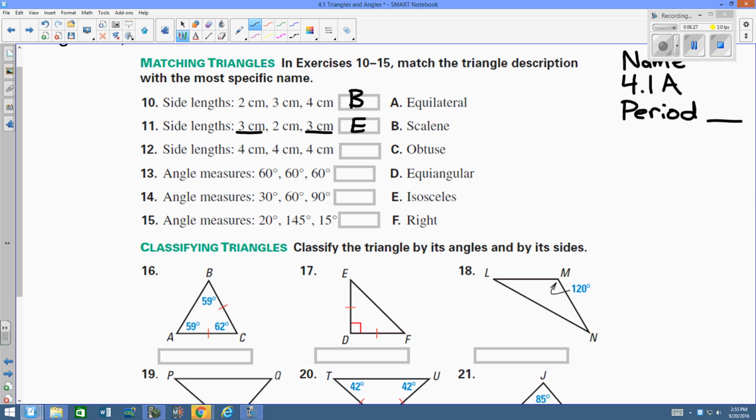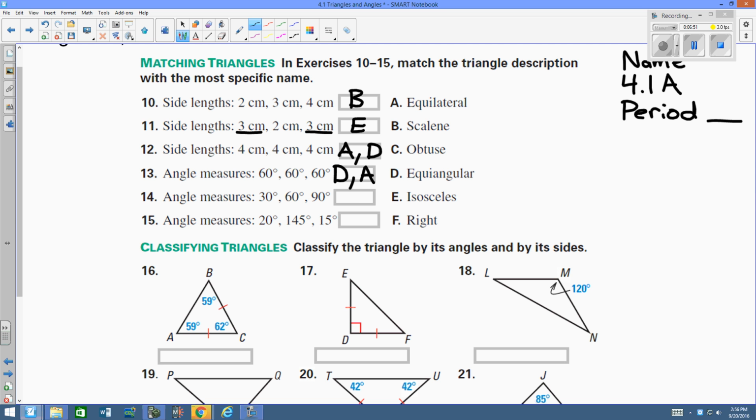A triangle with 3 sides the same would be equilateral, and we know that it's going to be equiangular also. A triangle with 3 angles the same is equiangular, and we know that it would also be equilateral.